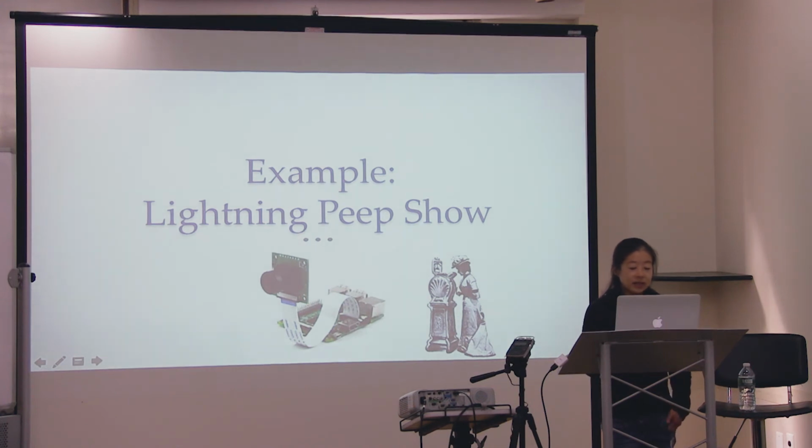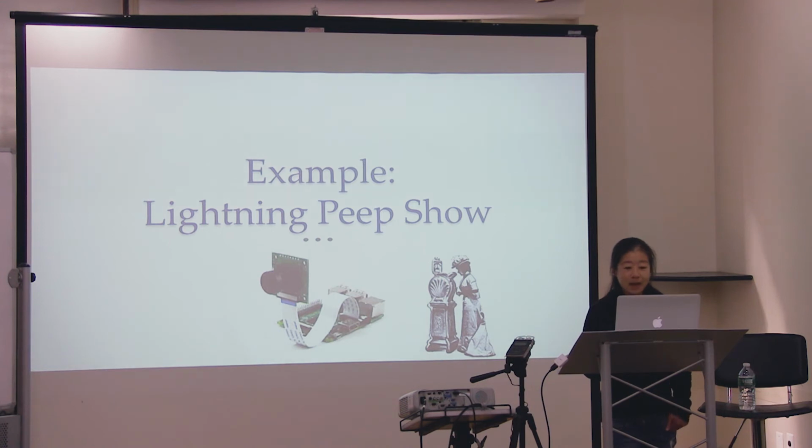This is a Lightning peep show. It's a Raspberry Pi with a camera attached. We want users to be able to come here and pay with Lightning and view a live stream from the camera, depending on how much they pay.